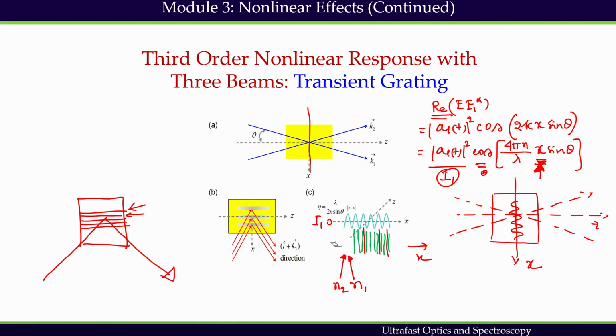The wavelength of those variations can be calculated with the help of this eta. This eta represents the spacing between the spatial variation of the refractive indices, or the spatial variation of the intensity along the x-axis, which definitely depends on this lambda, the excitation wavelength.